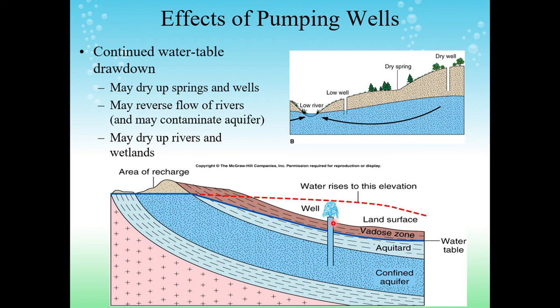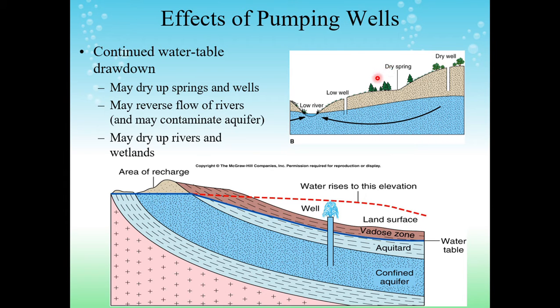So if you are fortunate to have this kind of well, all you need to do is cap it and then just put a pump at the top, and whenever you need the water, you open it, the water will come gushing out because it's under pressure, natural pressure from the water column pushing it up. As opposed to any of these wells up top here, where to get water you need to maybe tie a bucket to a rope, throw the bucket in here, fill it, and then pull it out.